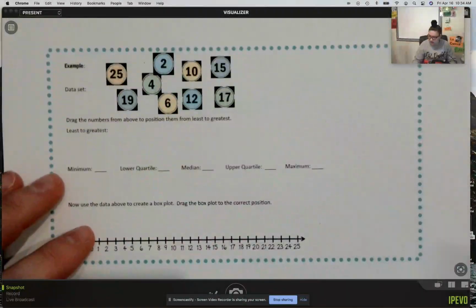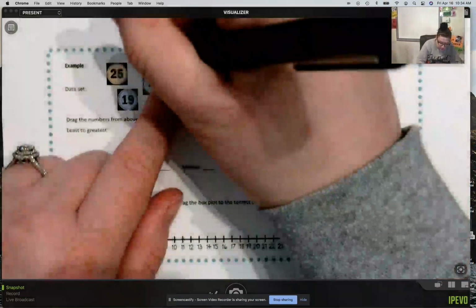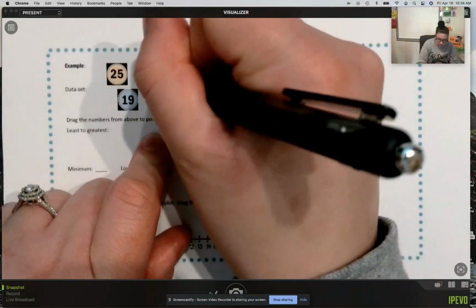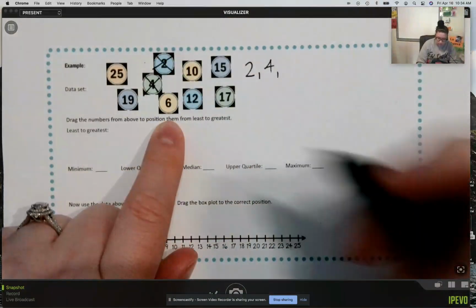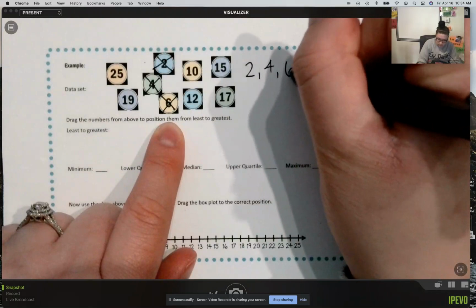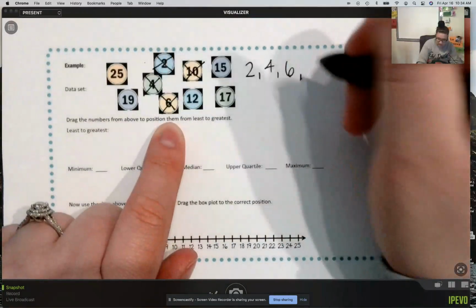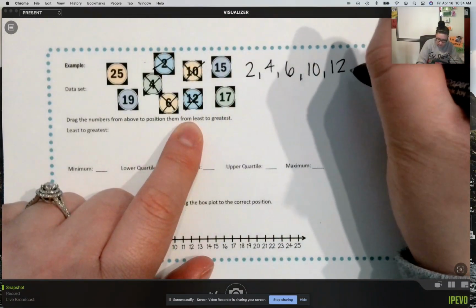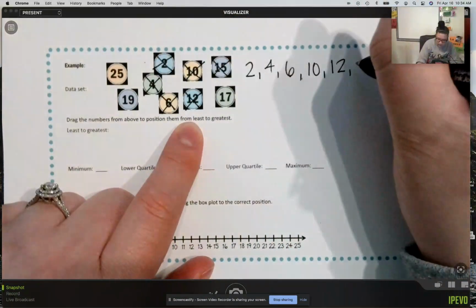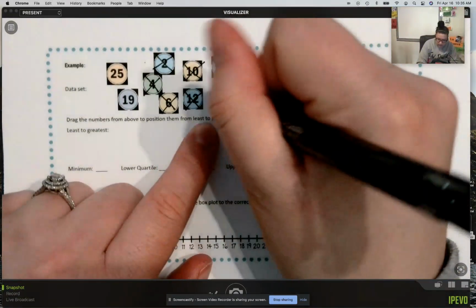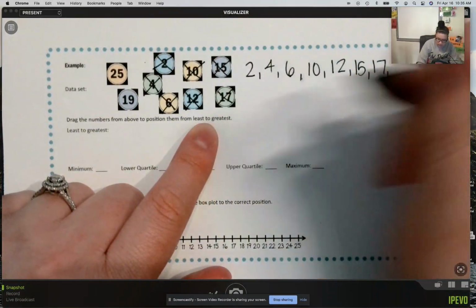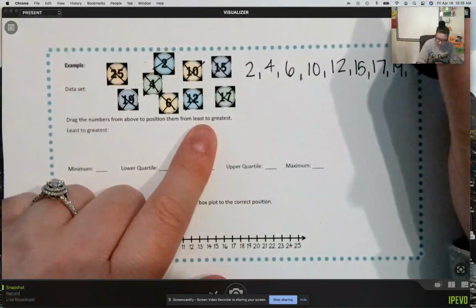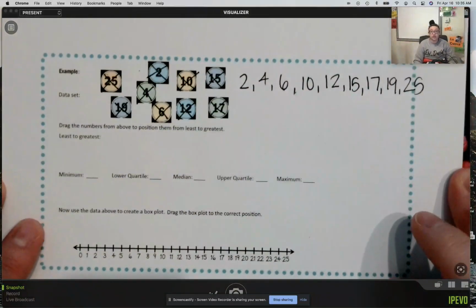So in this data, I see the smallest number is a 2, then 4, 6, 10, 12, 15, 17, 19, and then 25.